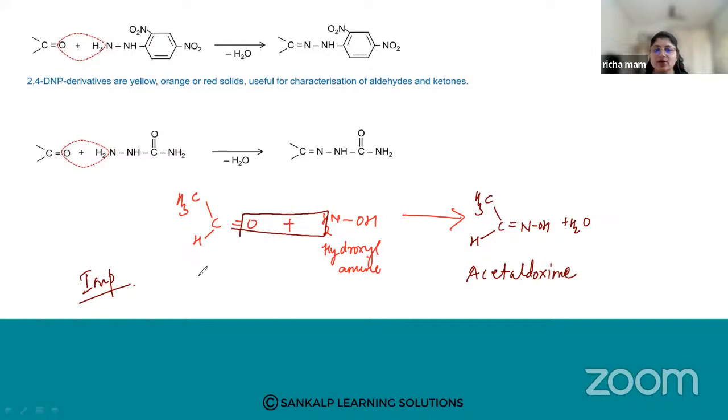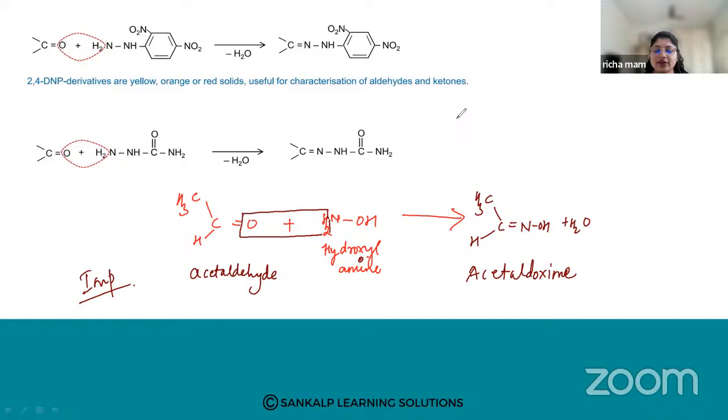This is important. They will give you a question like this: acetaldehyde, if it reacts with hydroxylamine, what will be the product obtained? There is a loss of water molecule H2O, and you will get CH3CH double bond NOH. So this is an oxime. Next question.